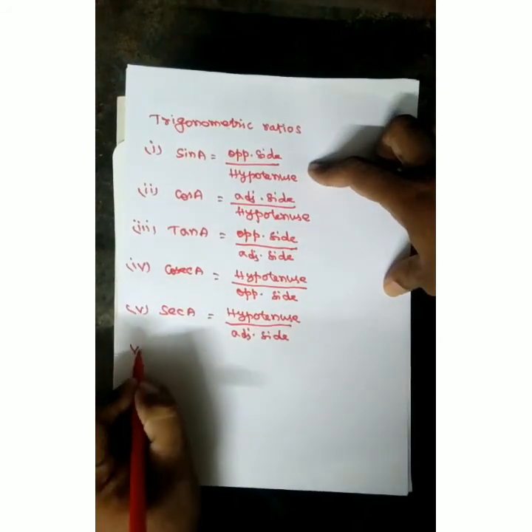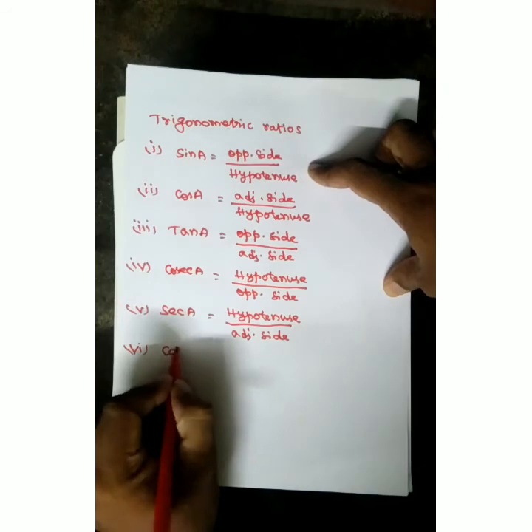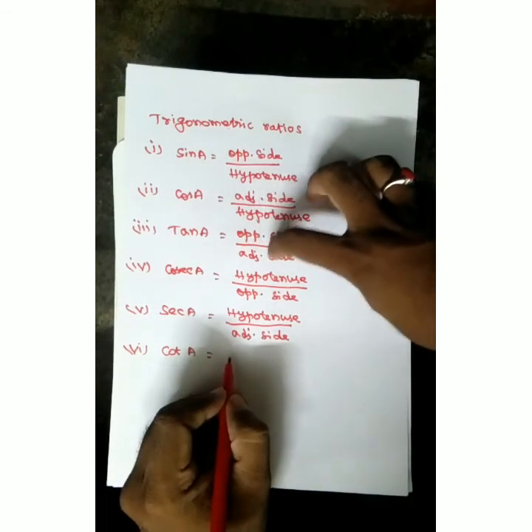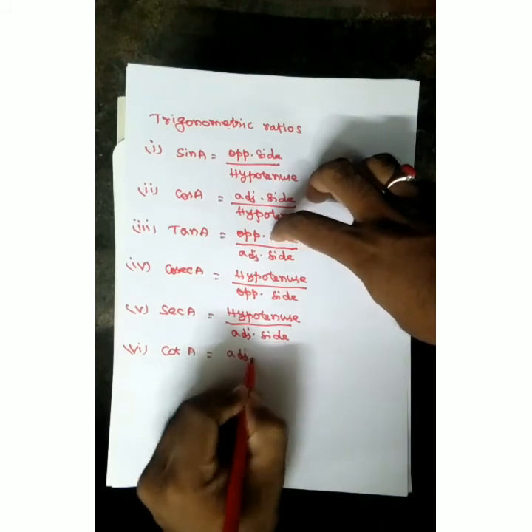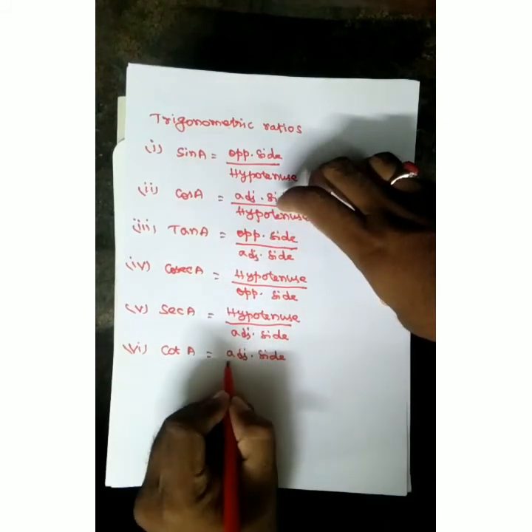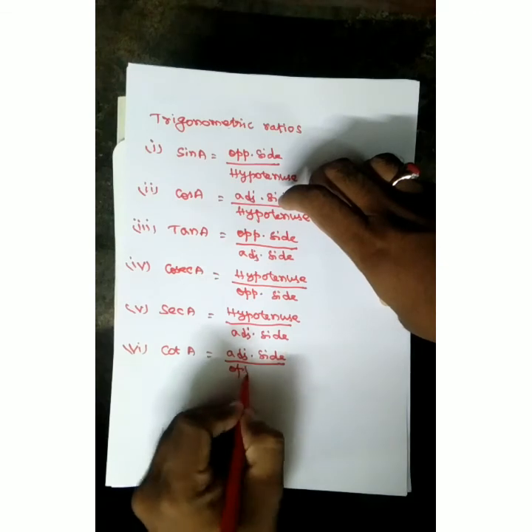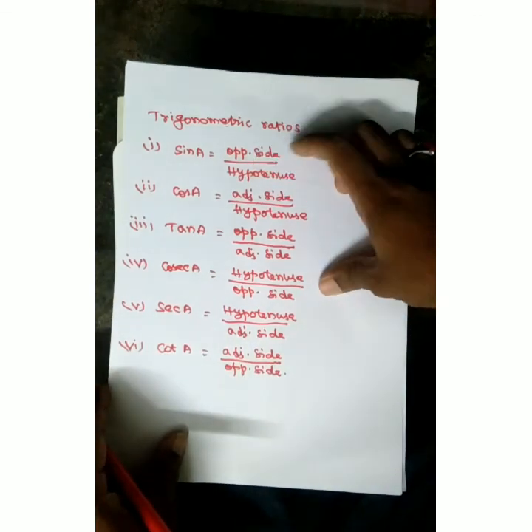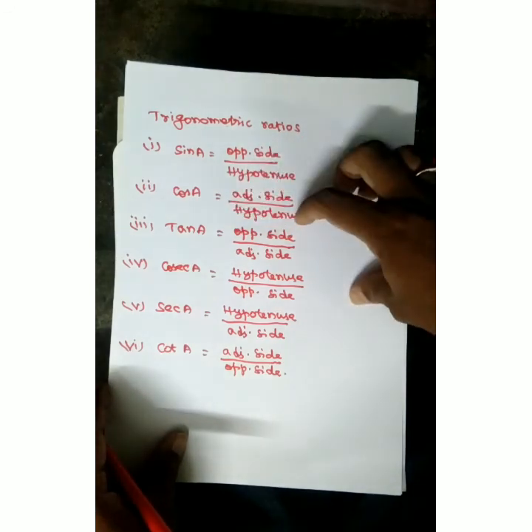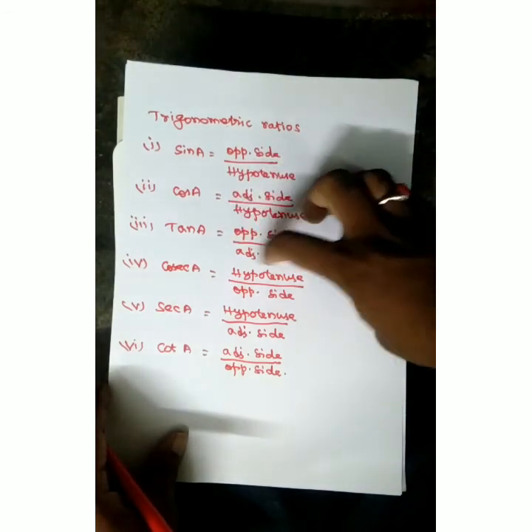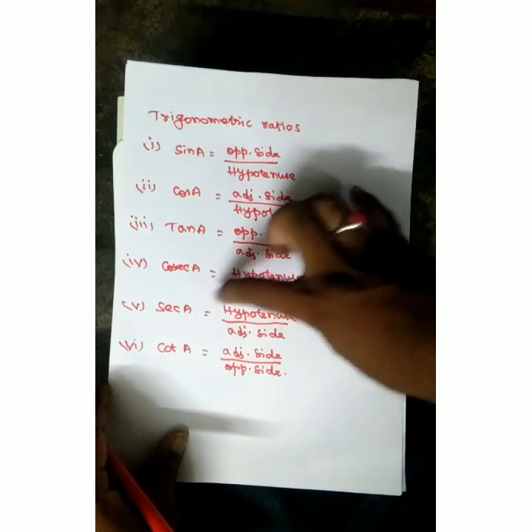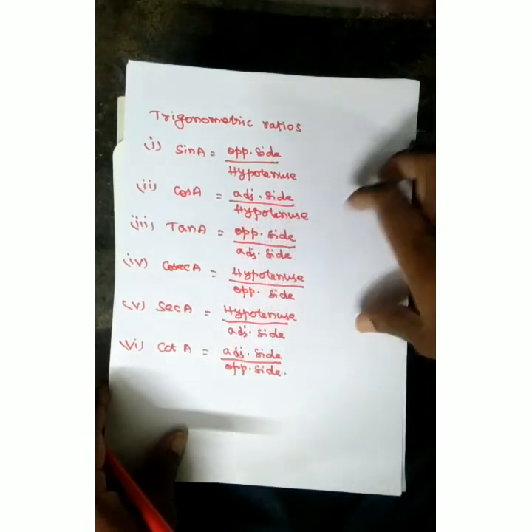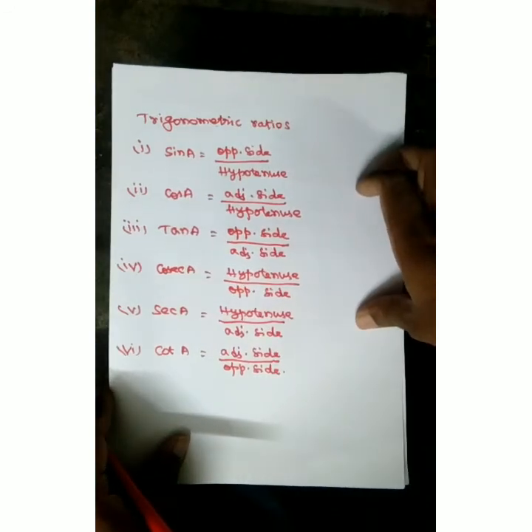The sixth one, the last, is cot A. Cot A is the reciprocal of tan A. Tan A is opposite by adjacent, so this one will be adjacent by opposite side. So sine means opposite by hypotenuse, cos adjacent by hypotenuse, tan opposite by adjacent, cosec hypotenuse by opposite, secant hypotenuse by adjacent side, cot adjacent by opposite side. In this way you have to remember. Thank you.